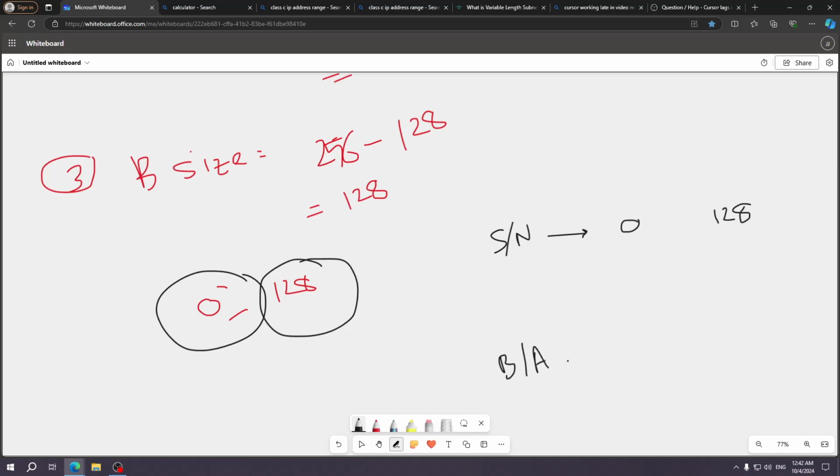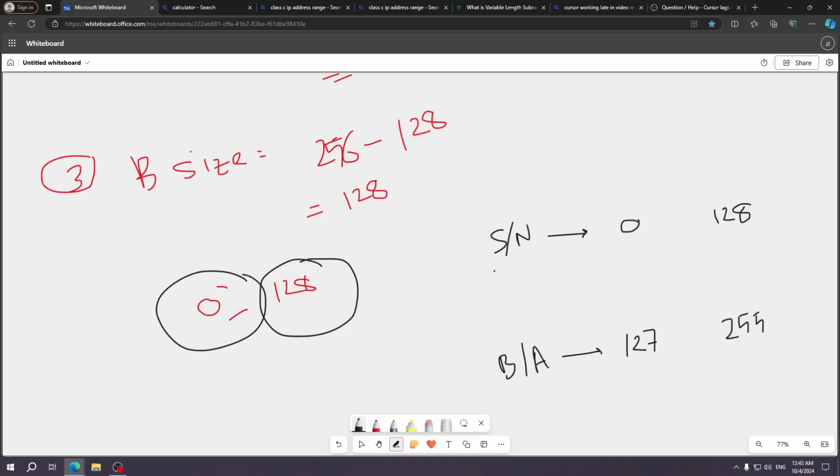What will be the broadcast address? It is the last address before the next subnet. So 127 is the last one before 128, so 127. And what will be the last one of 128? We know that the fourth octet is 0 to 255, so it's 255.